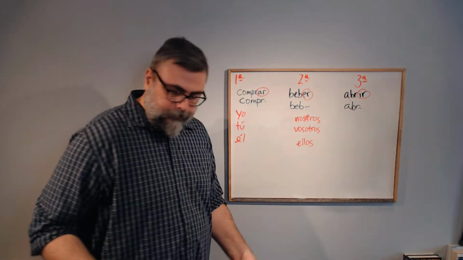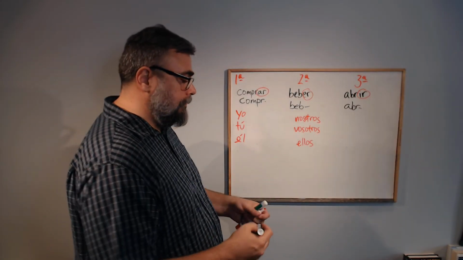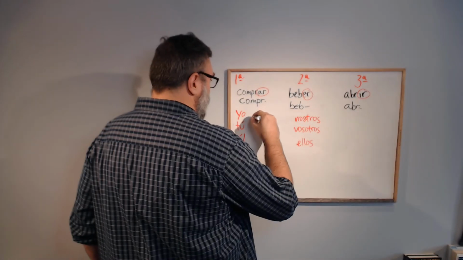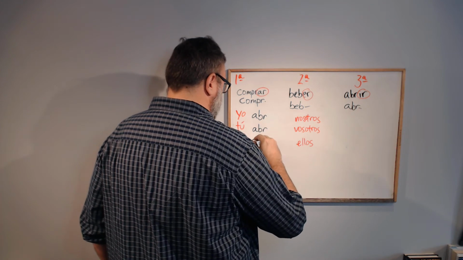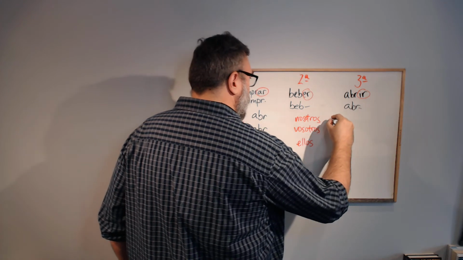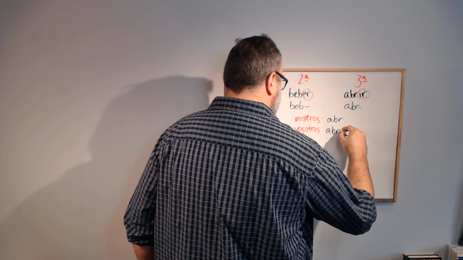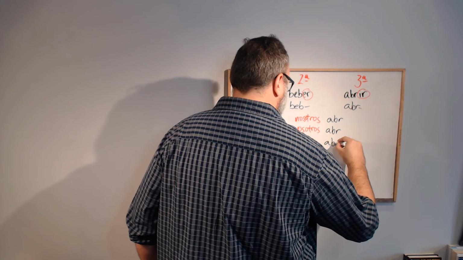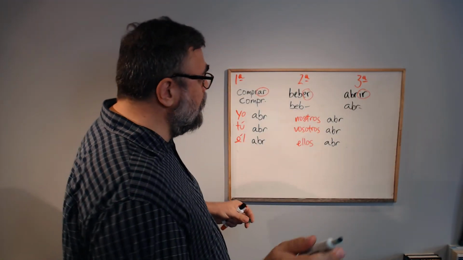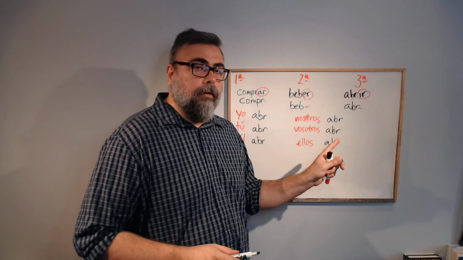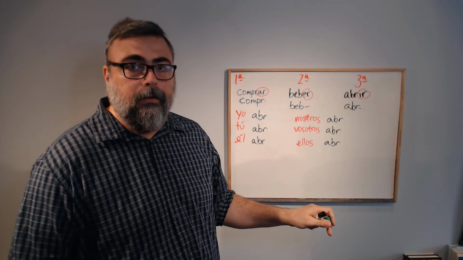All right. So, the stem again. All right, now the IR verb and the ER verb, la segunda y la tercera conjugación, they are brothers, okay?